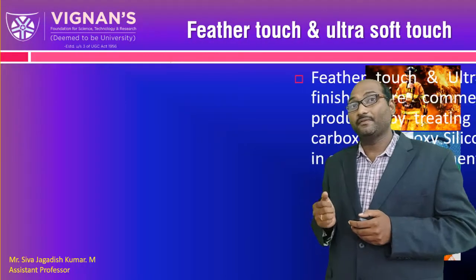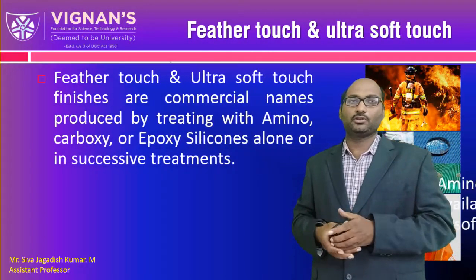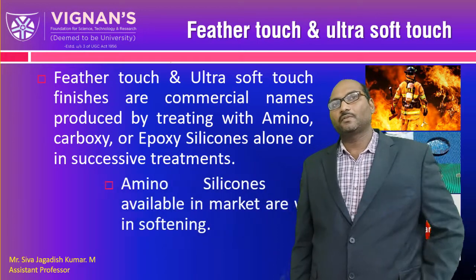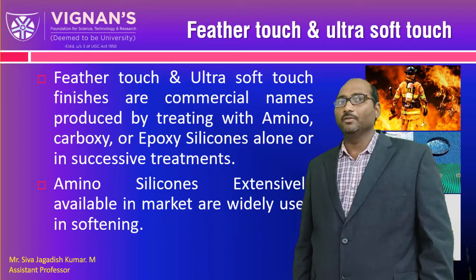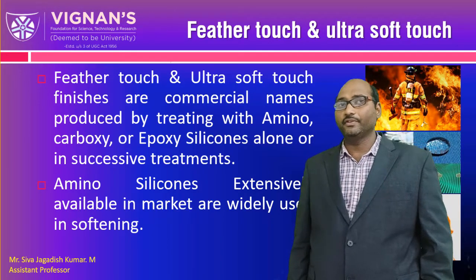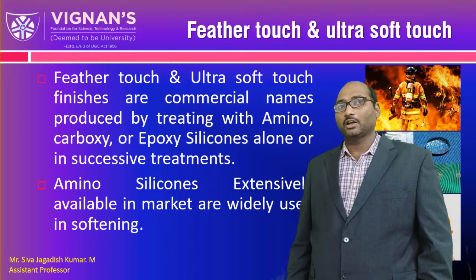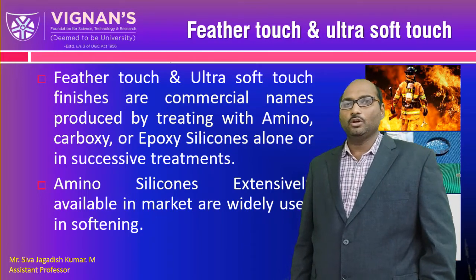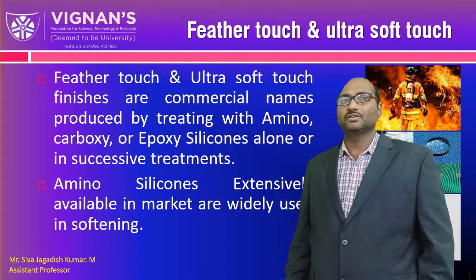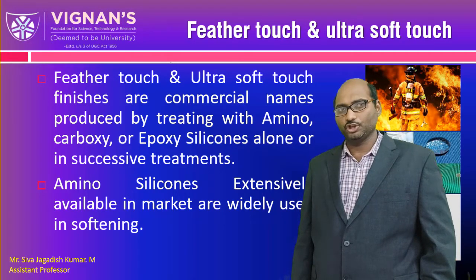Then the feather touch and ultra soft touch. These are nothing but the silicone softener washes which are given, whether treated with amino silicone, carboxy silicone or epoxy silicones. Depending upon that, the kind of finish will change slightly.